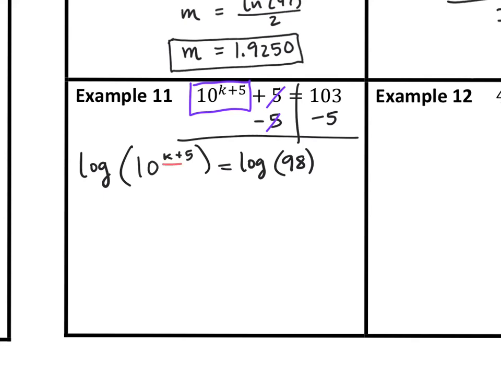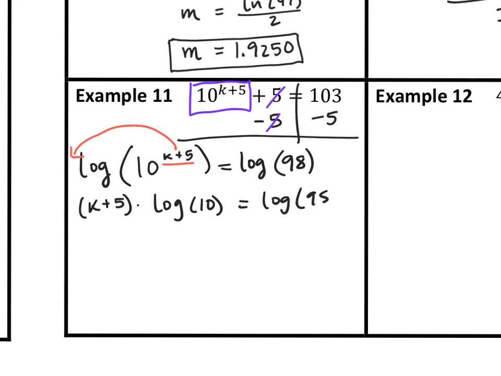Same idea, we're going to take this power and move it to the front. So it's going to be k plus 5 times log of 10 equals log of 98.